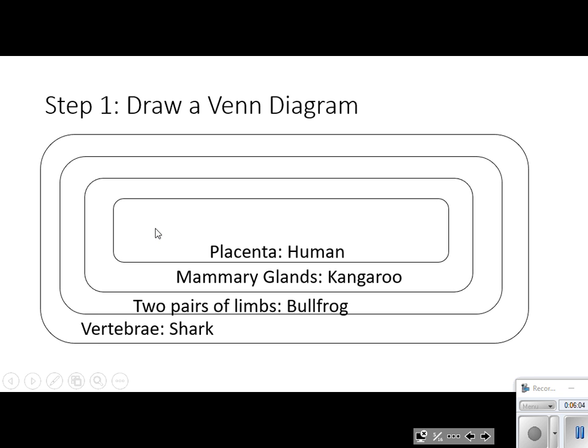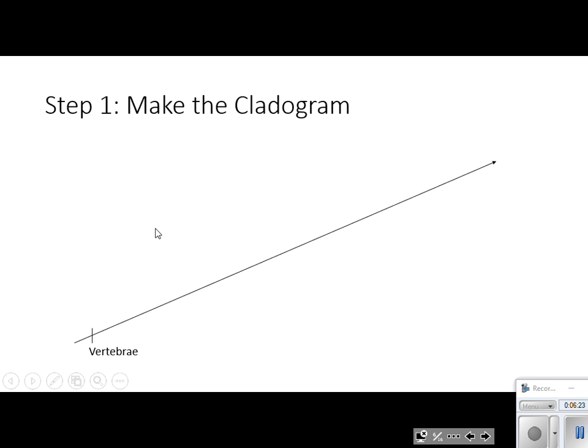If you have placenta first, you probably made it backwards. Where do we start? With the biggest circle, right? The biggest circle goes down on the bottom. So we're starting with what characteristic? Vertebrae.